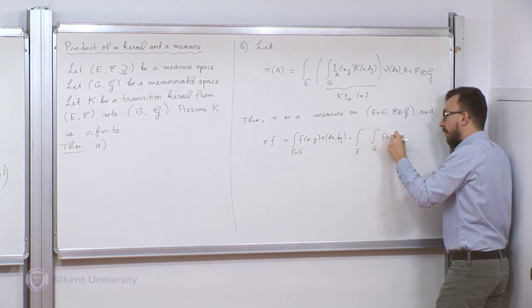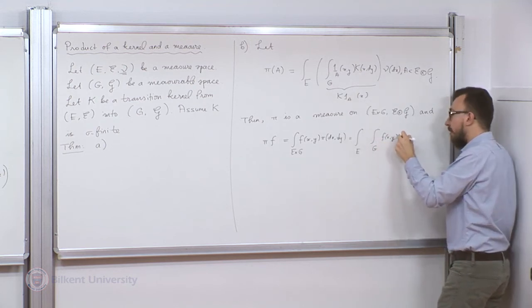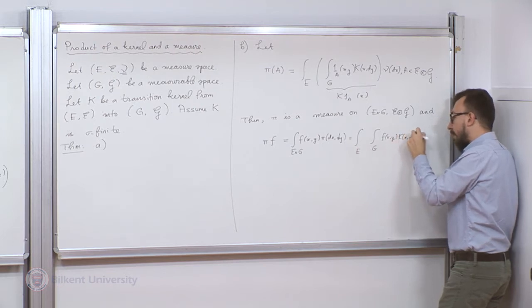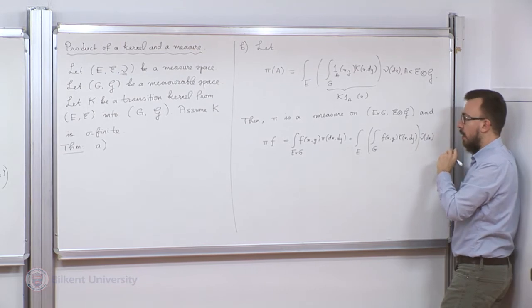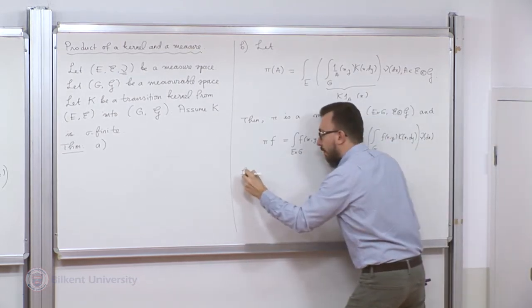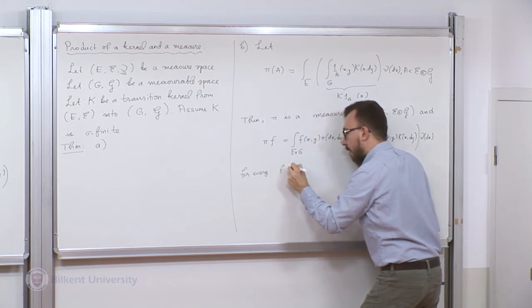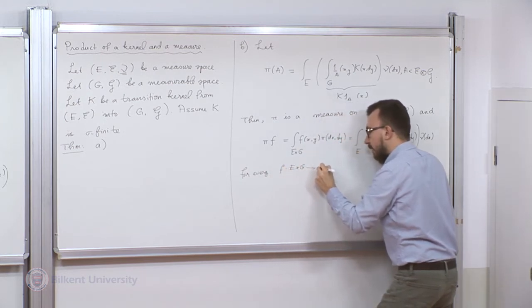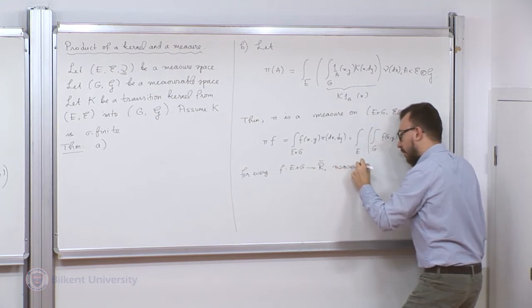Now the indicator is replaced with an arbitrary measurable function, let's say positive, for every f from the product space into the positives that is measurable.